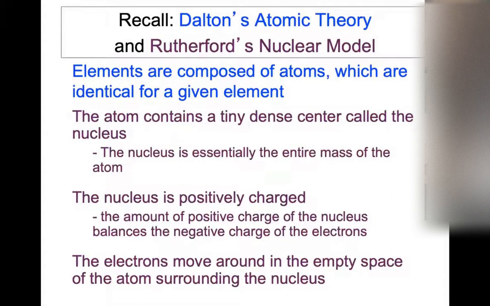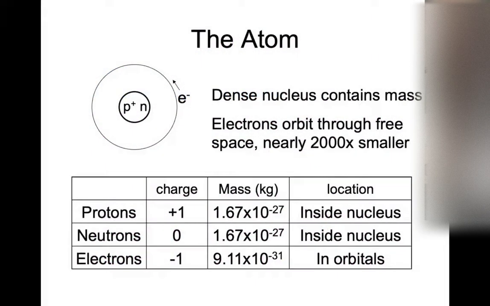Okay, so putting this together between all of the knowledge at that point, Dalton's atomic theory and Rutherford's nuclear model, we get this tiny dense center with all of the positive charge and all of the mass, and the electrons are out in these shells on the outside. So here's my picture. Now the nucleus is really small, but inside are the protons.